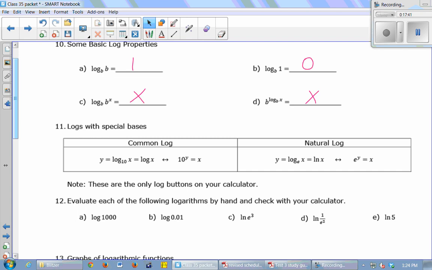And then our other special base is e, because like we talked about last class, e shows up as the base in a lot of exponential functions. So having a logarithm to undo e to the x makes sense. And we call it the natural log. So it's log base e of x, which we abbreviate ln x. But you might think, why don't we abbreviate it NL for natural log?